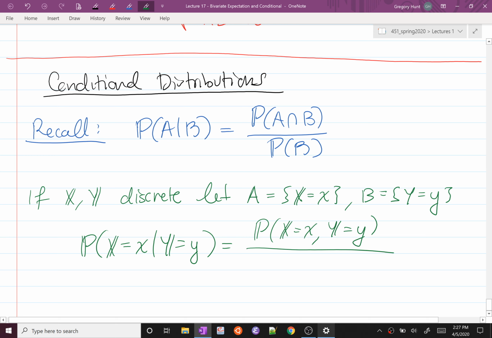Again, the comma means "and." Then we divide by the probability that Y is little y.